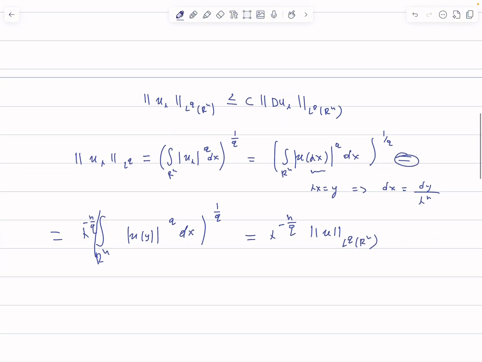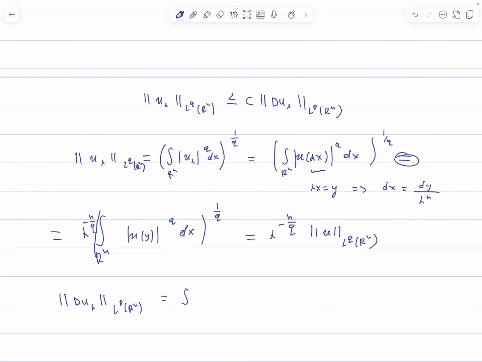Let's do the same for Du_lambda in L^p(R^n). Because we are taking the derivative of u(lambda x), we have to take the derivative again with respect to lambda x, therefore we need to multiply by lambda, all to the power p, and then to the power 1 over p.